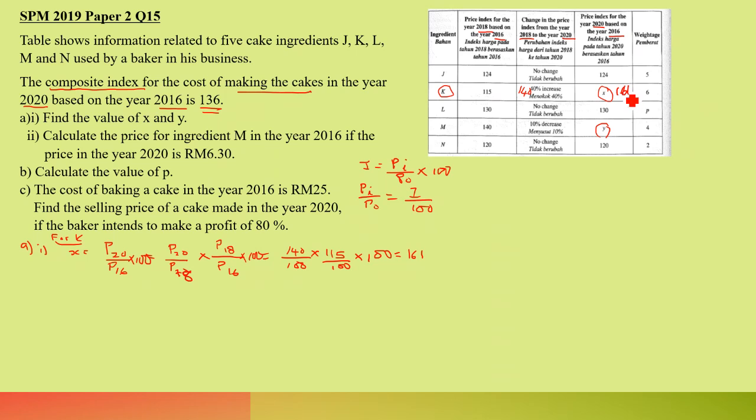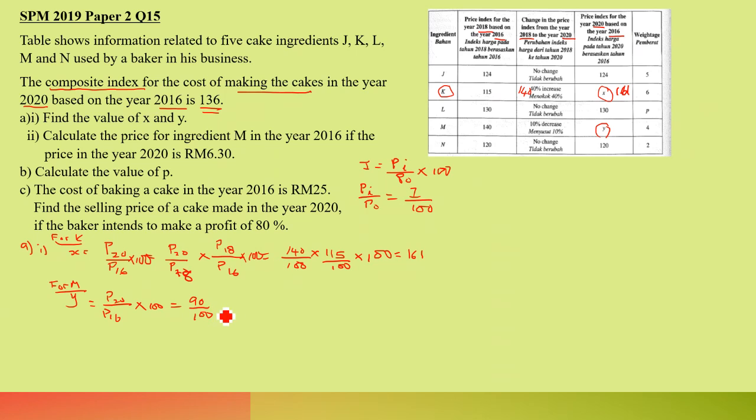Okay, the same way to find your Y. To find your Y, that is your ingredient M. So to find Y is P20 over P16 times 100. The same formula we're going to apply. So the change here is a decrease by 10%, so it becomes 90 over 100.